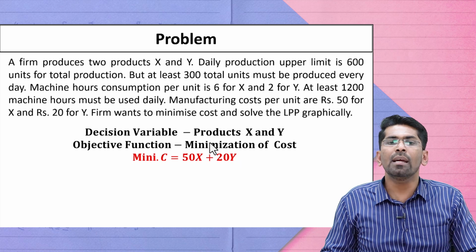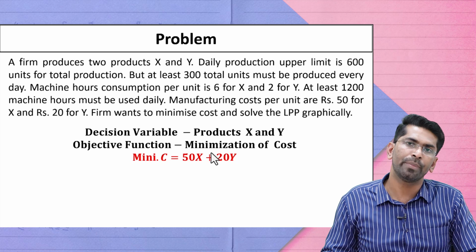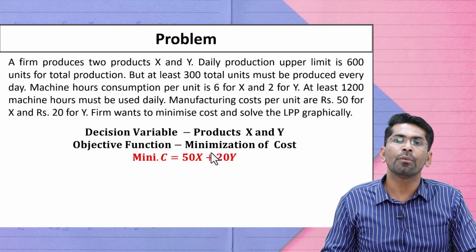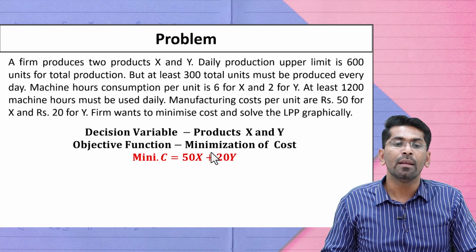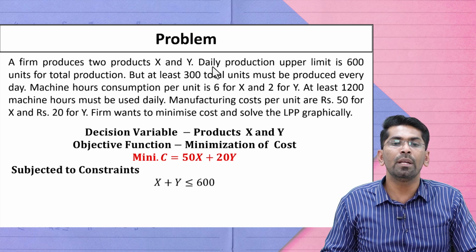After identifying the decision variables and specifying the objective function, the next step is to frame the constraints. So what are the various constraints here? The first constraint is related to this point: the daily production upper limit is 600 units for the total production.